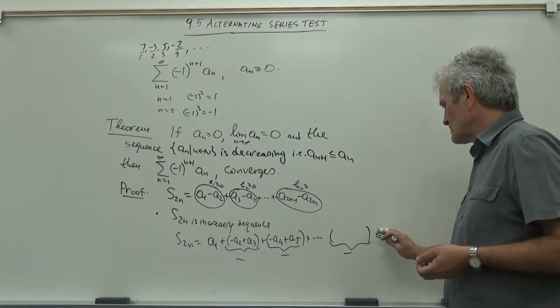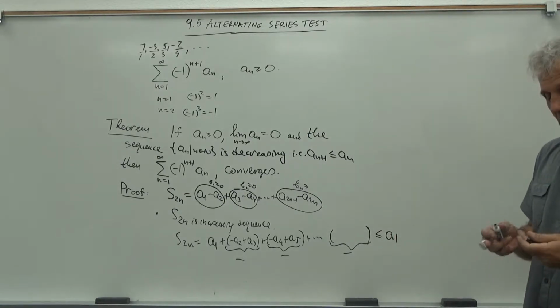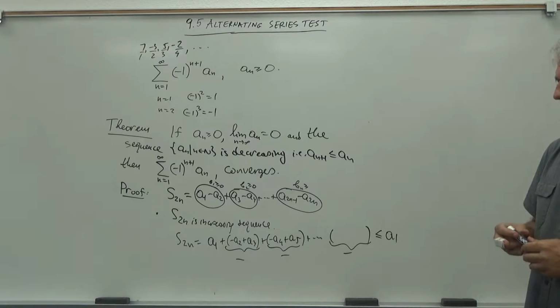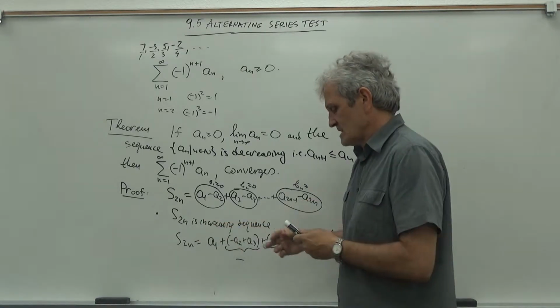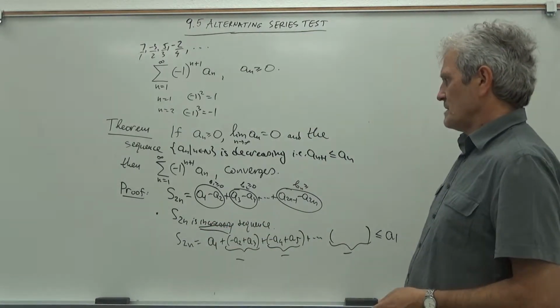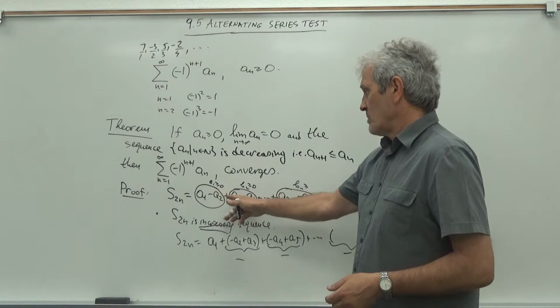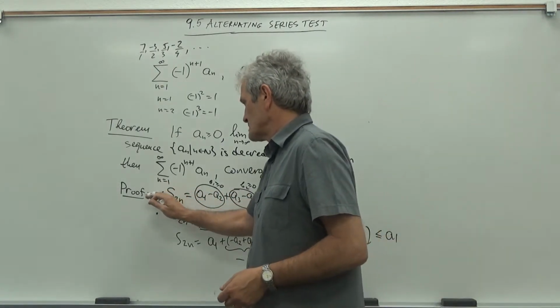This will be less than or equal to a_1. And now if you remember that big theorem from section 9.1, this sequence S_2n is increasing. By the way, from the previous line I need that S_2n is greater than or equal to 0.